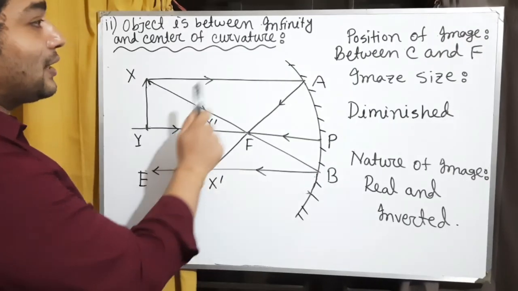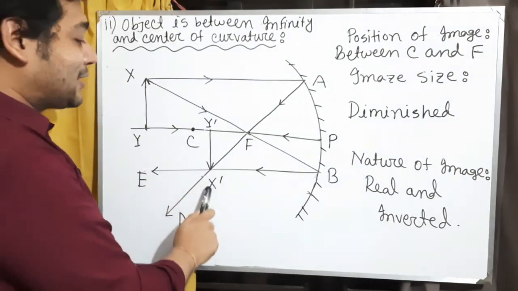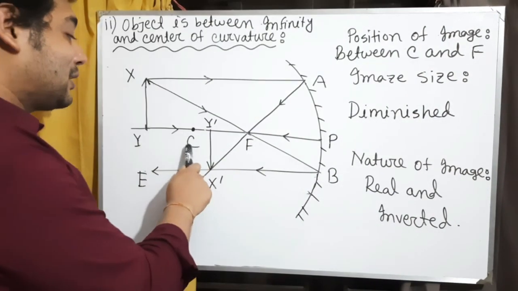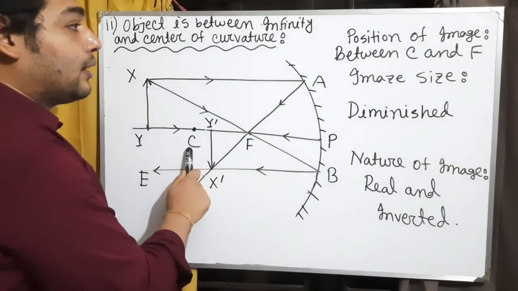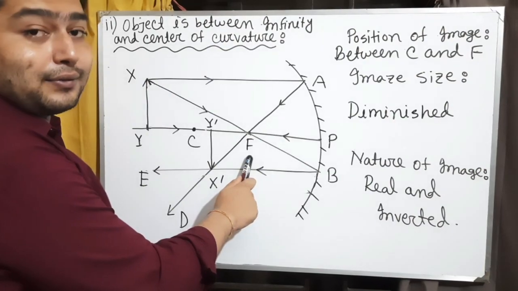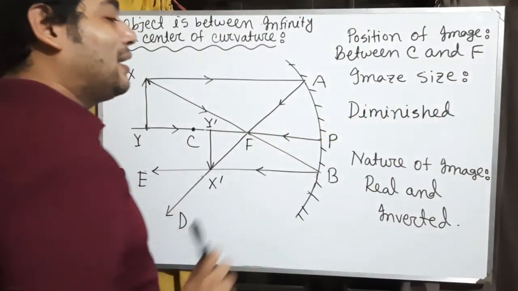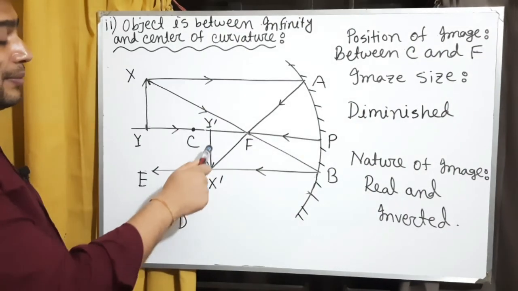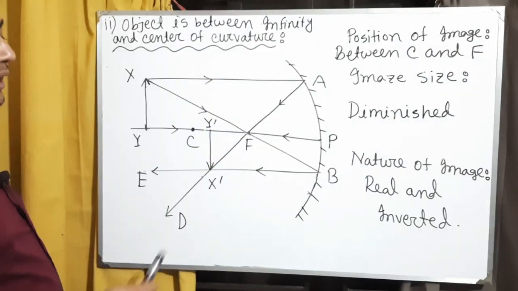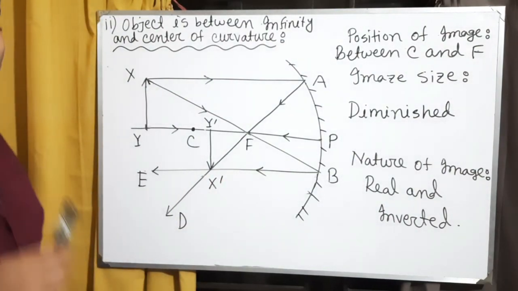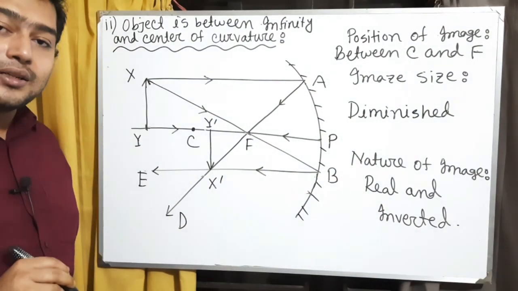You see that the image X prime Y prime is situated between center of curvature C and focal point F. Image size is diminished.